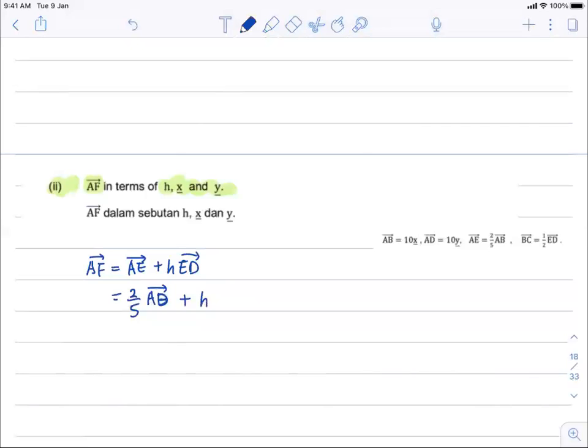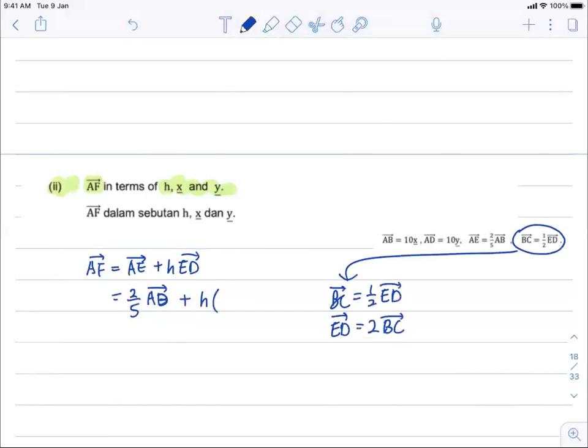ED, this is also from the question. Notice that BC is equal to half ED. So ED is equal to 2BC. So we can substitute in ED is equal to 2BC. So now all we need to do is to find the value for AB and the value for BC. Then we will be able to find out what is AF.